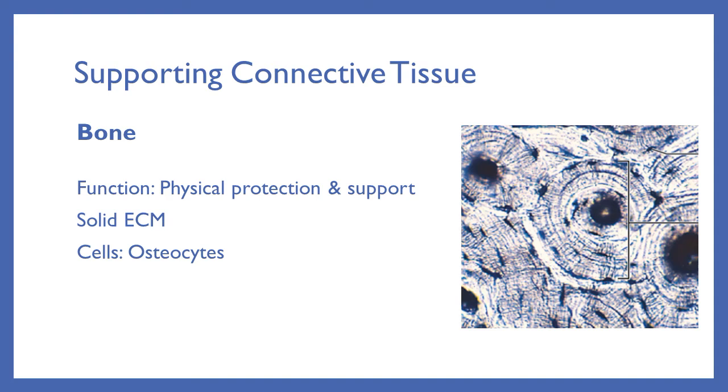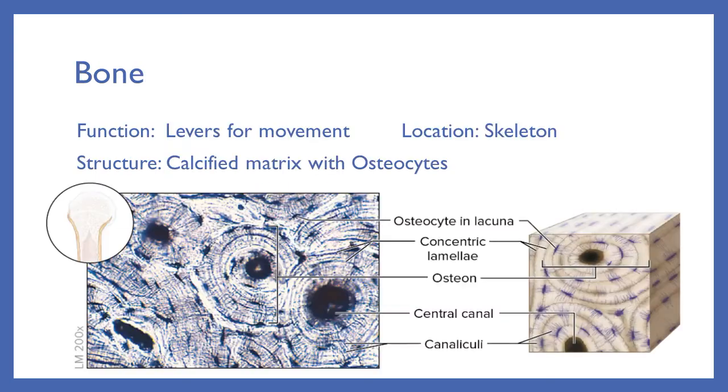Next up is bone. Bone is a supporting connective tissue that provides physical protection and support, but has a solid extracellular matrix. The cells are called osteocytes. So bone provides us with not only support, but it also helps us as a lever.